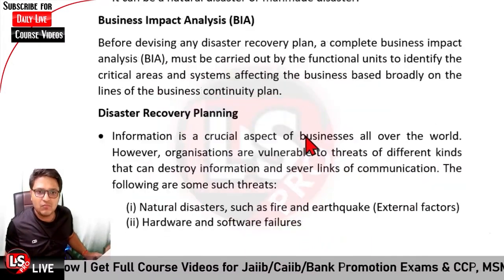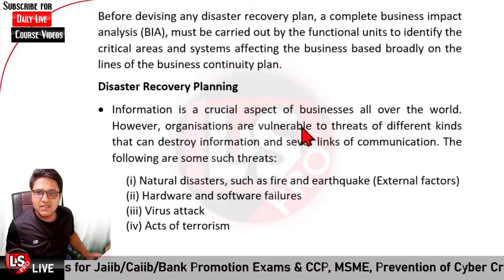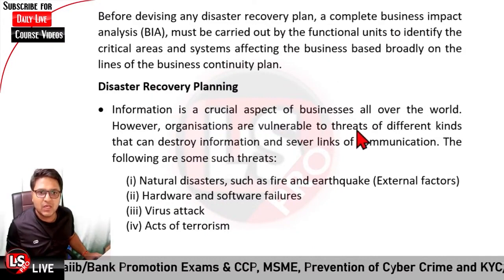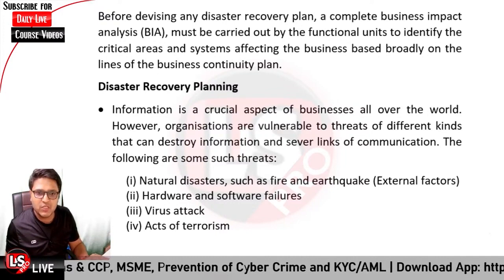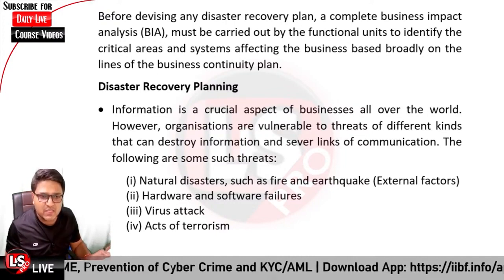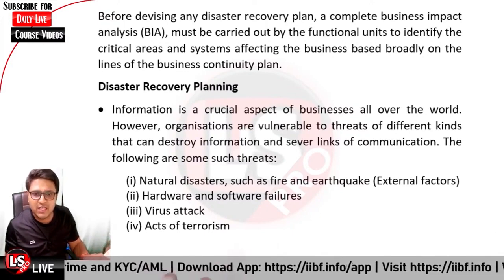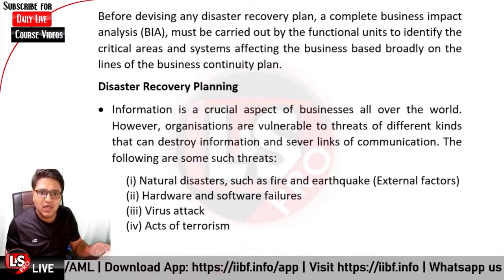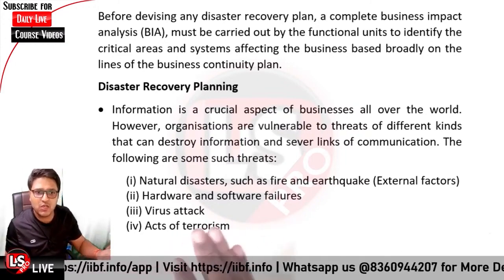Okay, then it is regarding disaster recovery planning. Information is a crucial aspect of the business. Whenever any kind of disaster occurs, it could be an act of terrorism, a virus attack, hardware or software failure, or a natural disaster.